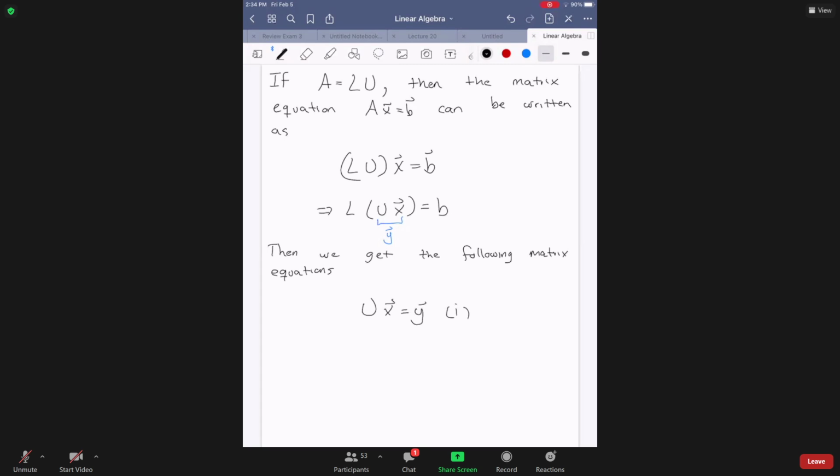And then you get L times Y is equal to B, right? So that is just literally this part times that part, right? Equals B. Okay, so we broke it up.